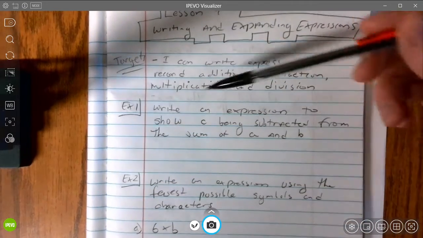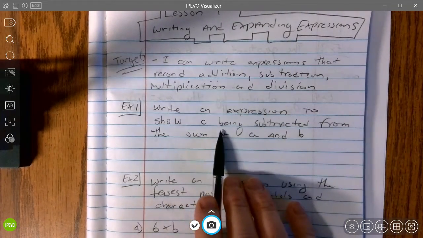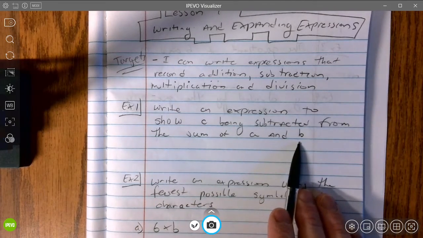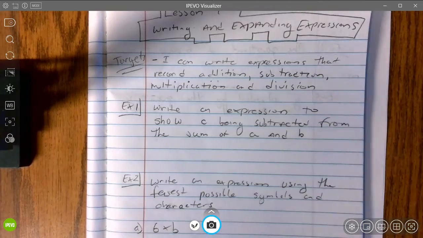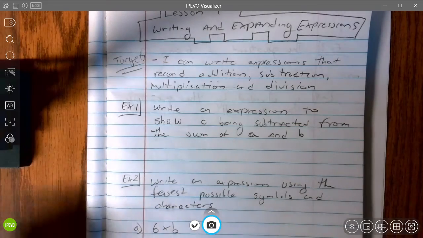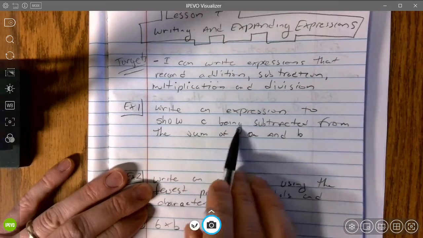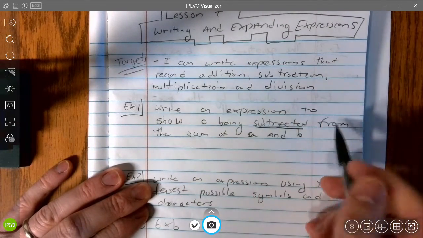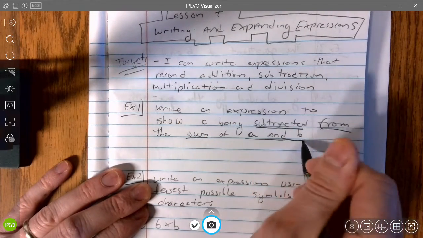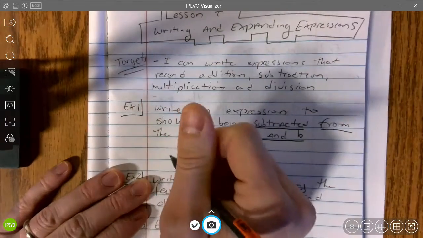Okay, so example number 1. Write an expression to show C being subtracted from the sum of A and B. All right, so let's underline some words here. Write an expression to show C being subtracted from the sum of A and B. Well, how do we write the sum of A and B?